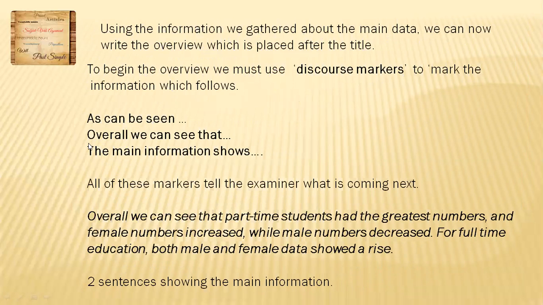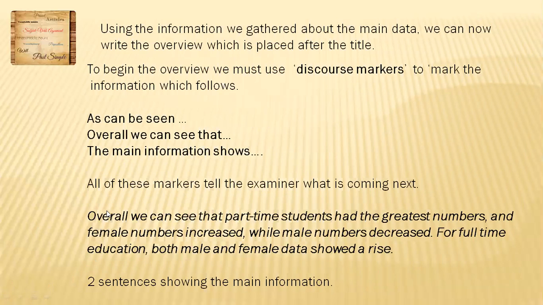As can be seen, overall we can see that, it can be seen that, the main information shows. That's enough. You're only writing one essay, so you only really need to know one or two styles of overview. That's plenty. So all of these will tell the examiner what is coming next. So the information will follow.